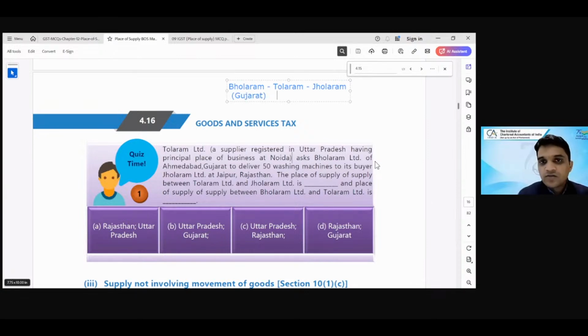He will bill to Tolaram, who is in UP. And then Jholaram. Where is Jholaram? Jholaram is in Jaipur, which is Rajasthan. Correct?